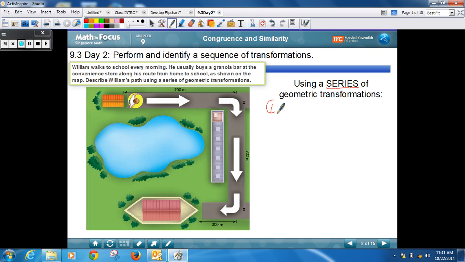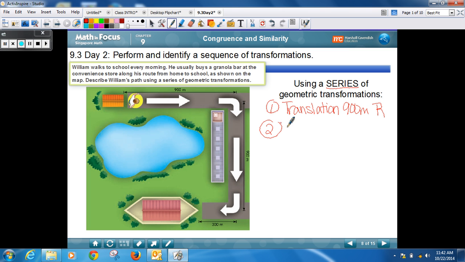So if I look here, the first thing he is doing is he is walking to the right 900 meters. So that is a translation (900 meters to the right). Once he gets there, he has to turn. So he's facing to the right.